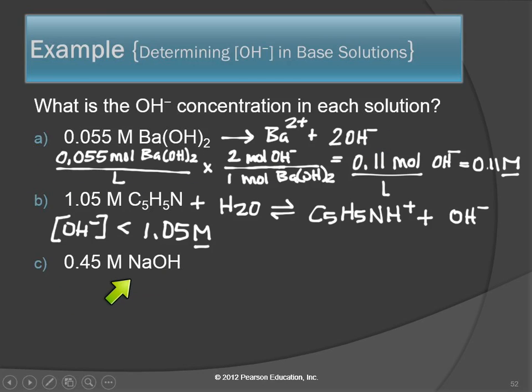When this comes apart, how many hydroxides do you get for each sodium hydroxide molecule? Just 1. So when this comes apart, it forms sodium ions and hydroxide ions. So then what's the hydroxide ion concentration? Just 0.45.